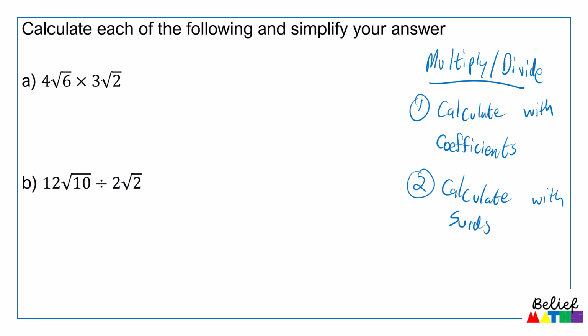Similarly, when we did adding and subtracting, we said we're going to simplify first. When we multiply and divide, we're going to simplify last. So it's the last thing we're going to do, and you'll see that in one of these questions.